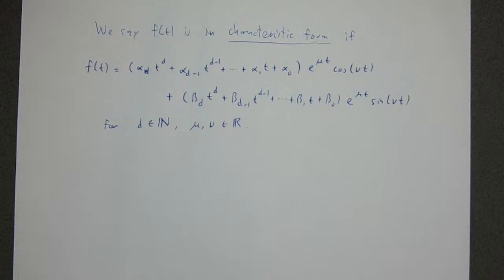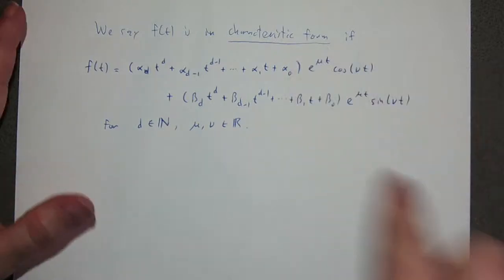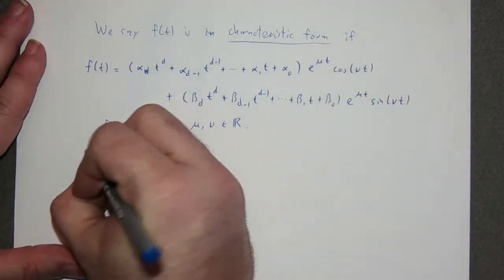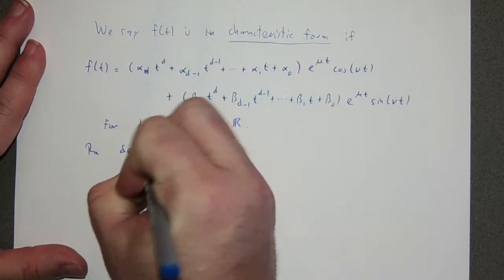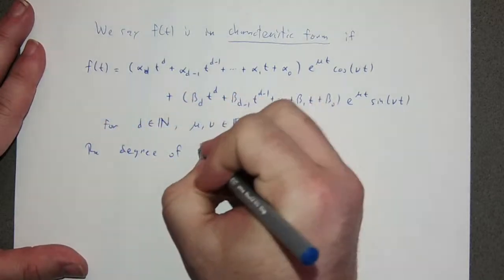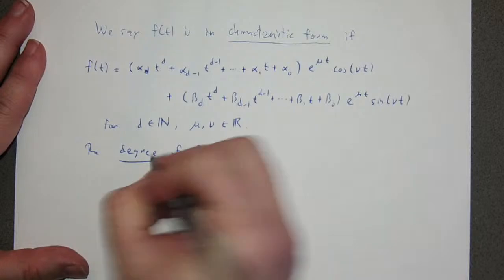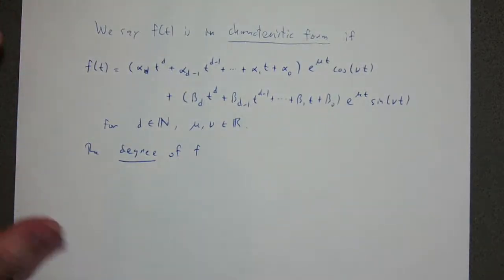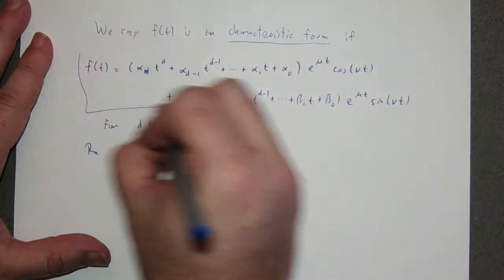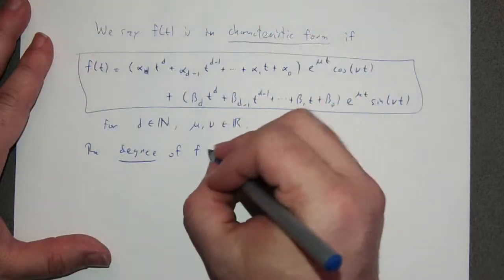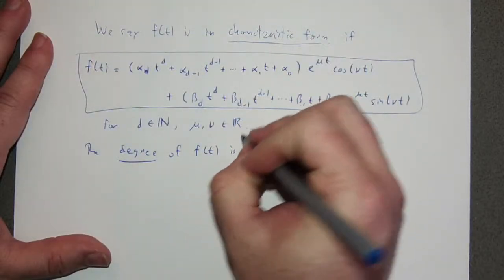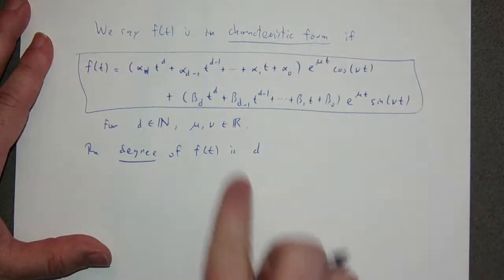on solving these equations. So I wanted to define 3 quantities: the degree of f. Notice this is different than polynomial degree because f is not itself a polynomial. It's just this weird thing here, right? The degree of f of t is d.